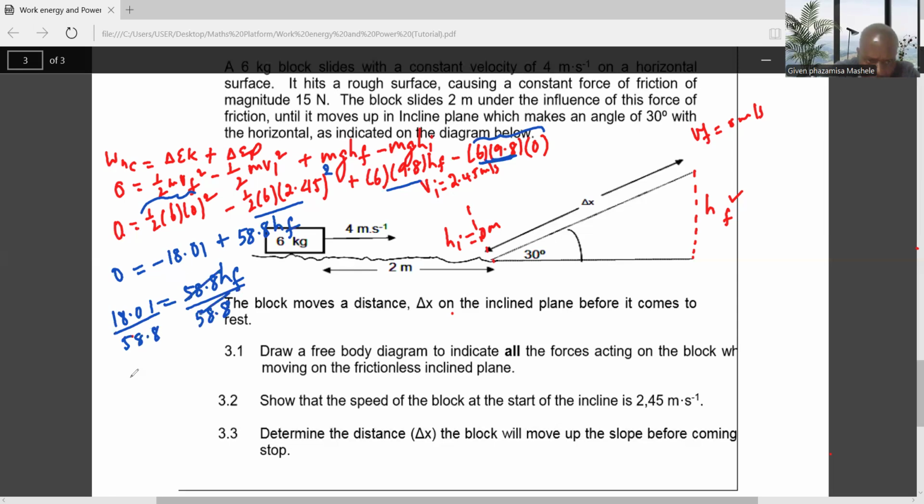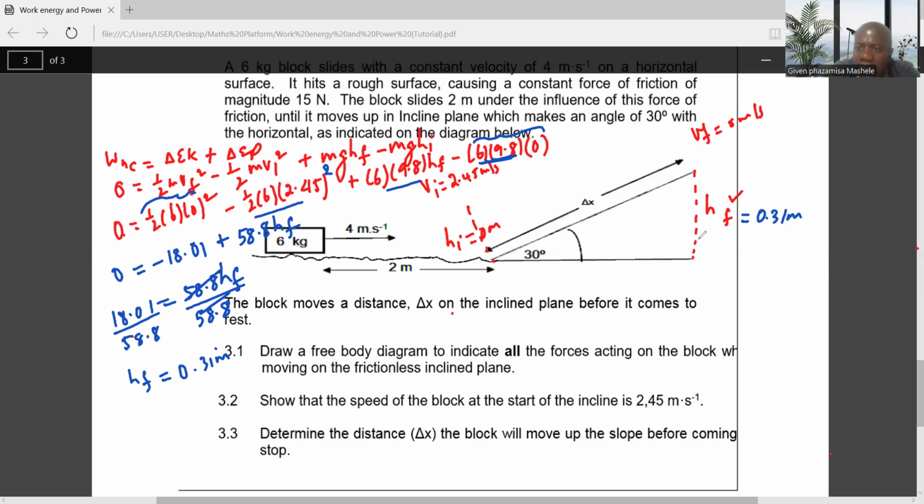So what is the height final? 18.01 divided by 58.8. So it means the height here will be 0.31 meter. So we have the final height is 0.31 meter.